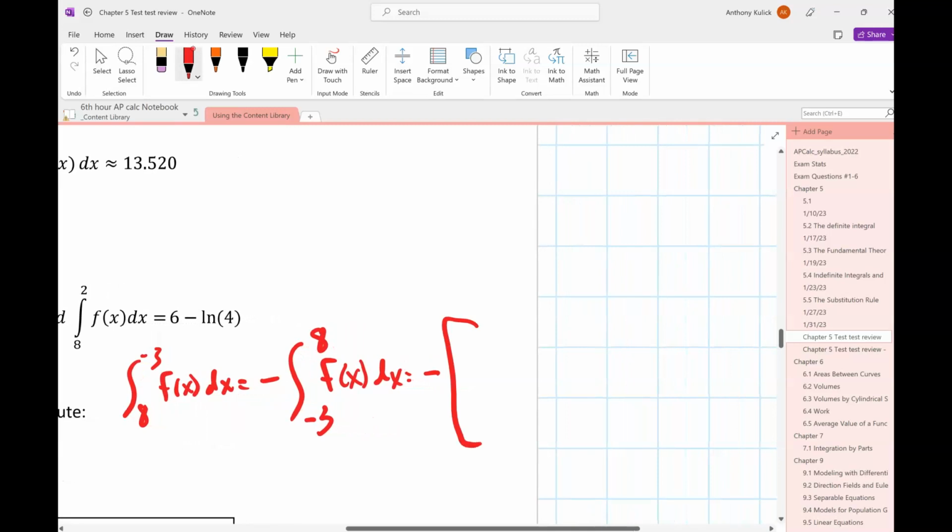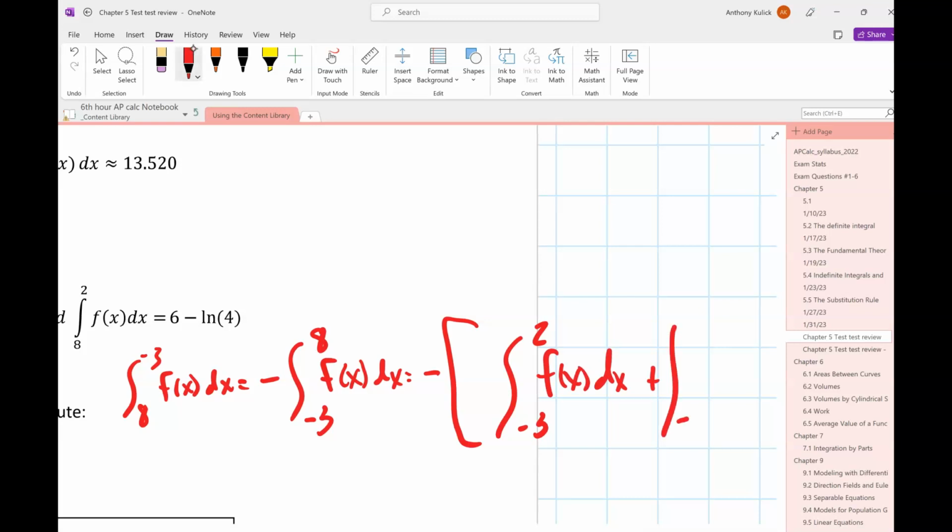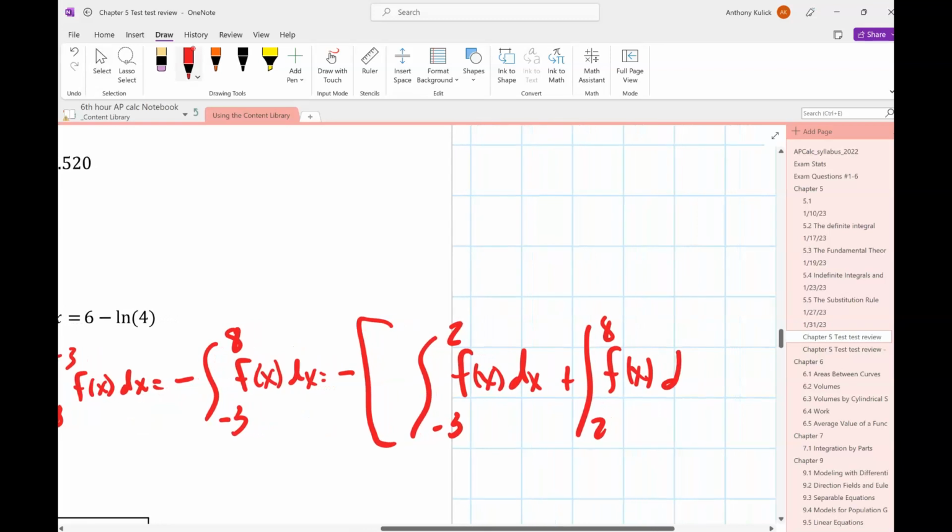So I still have that negative sign. So -3 to 2, and then 2 to 8. And I can do that because the end point for one is the start point of the next.